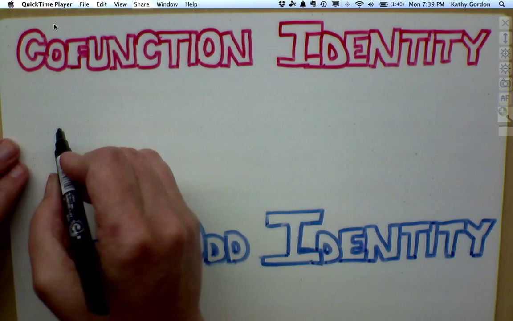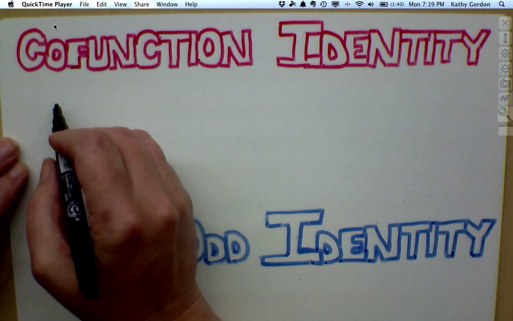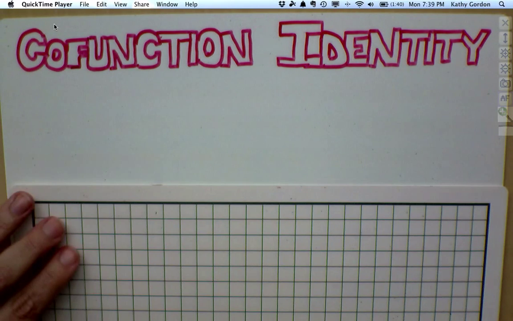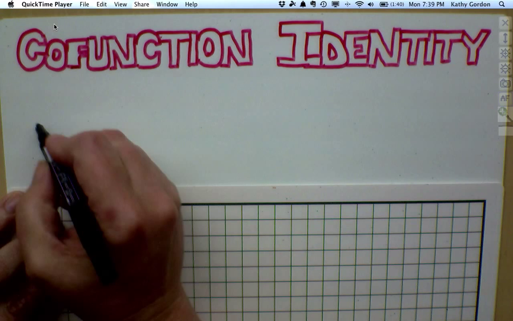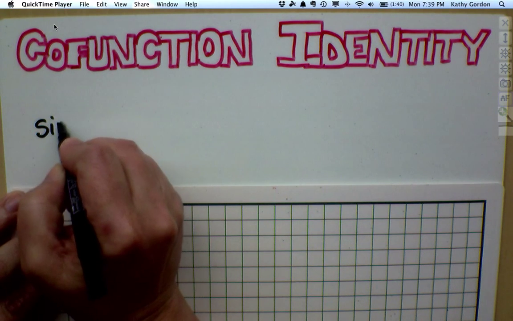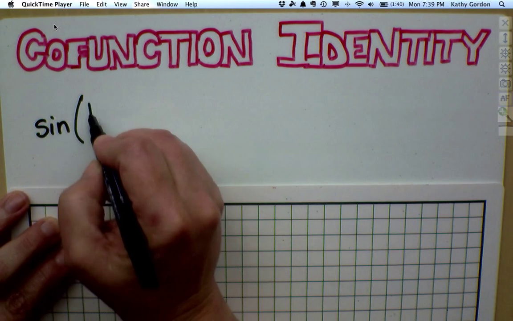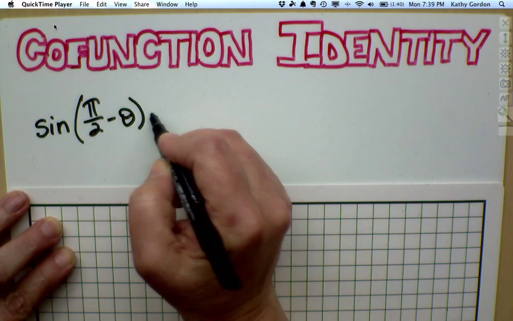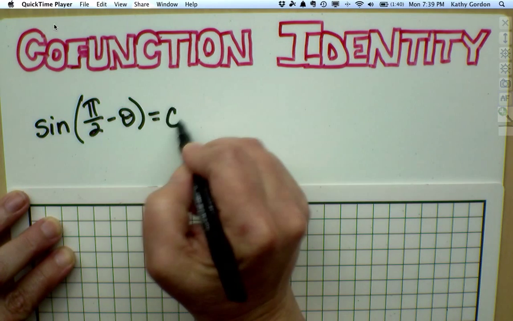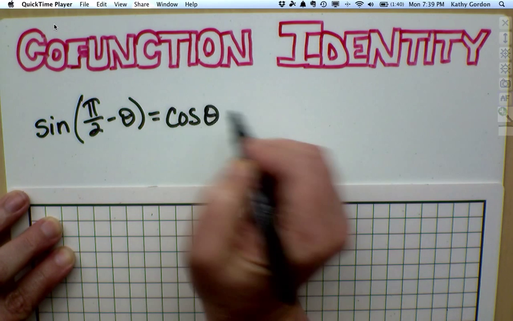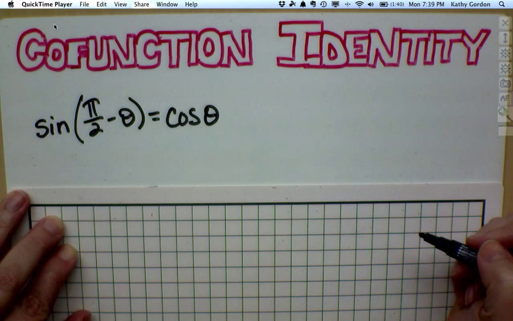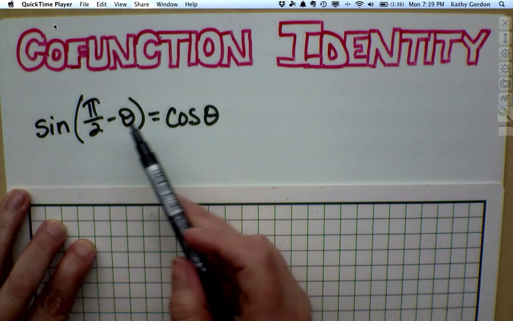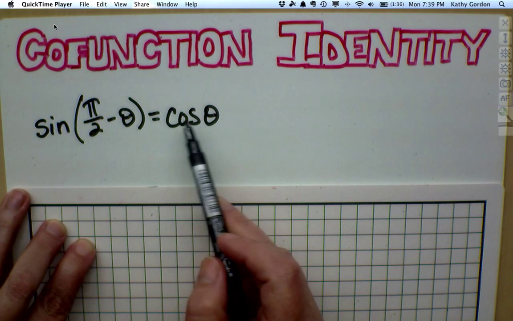And so one of the co-function identities says, let me just cover this up so I don't smear it, that if I take the sine of pi over 2 minus theta, that is equivalent to just taking the cosine of theta. And so what this allows us to do is change back and forth between a sine and a cosine.